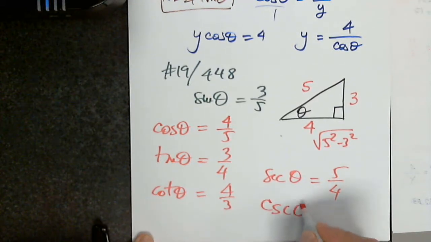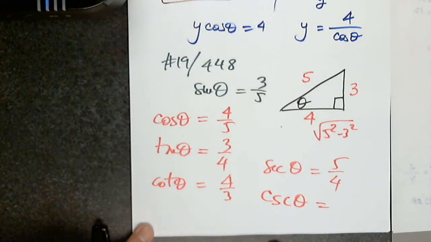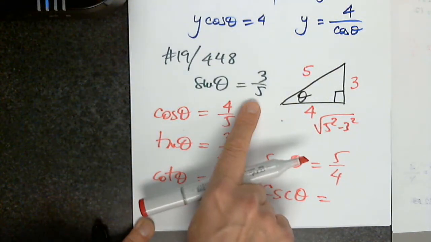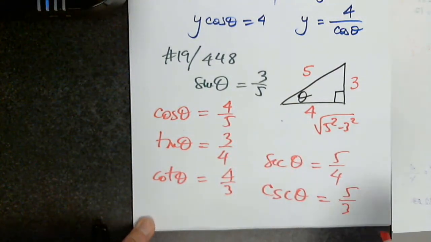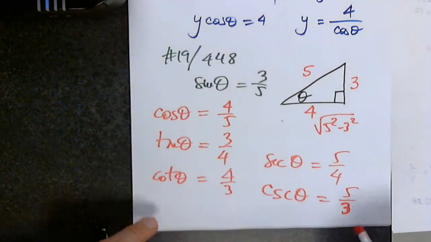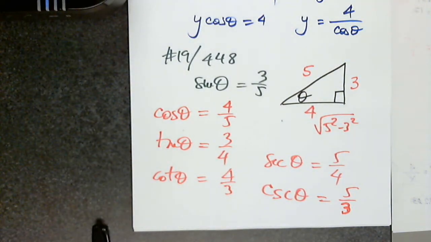So then cosecant theta, it's 1 over sine, 5 over 3. Any questions on this? Any questions?